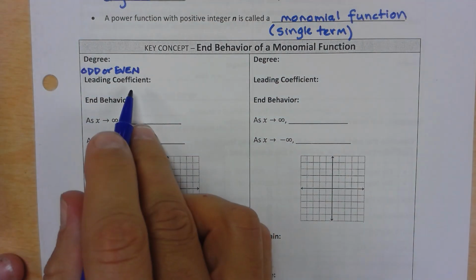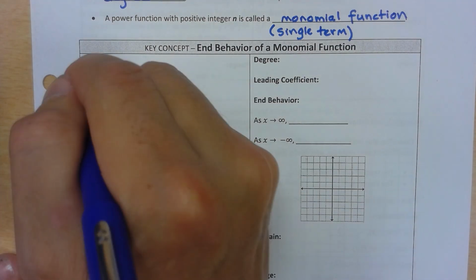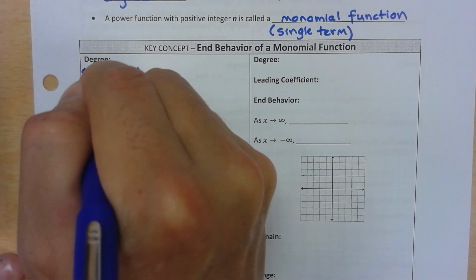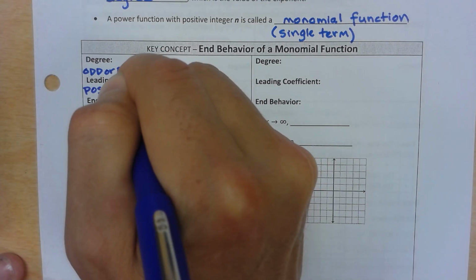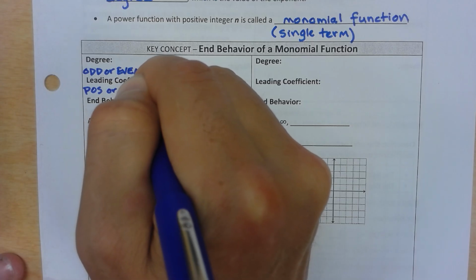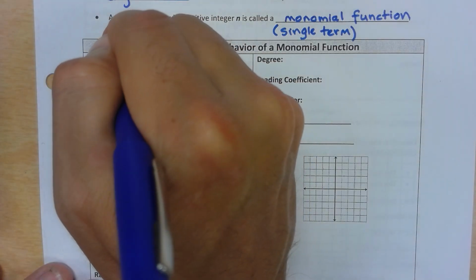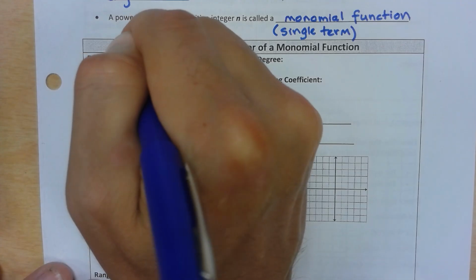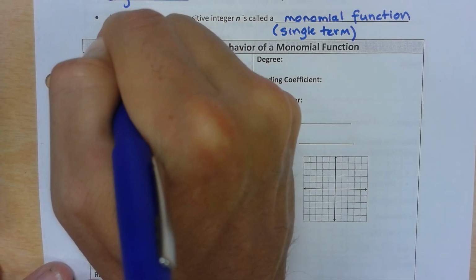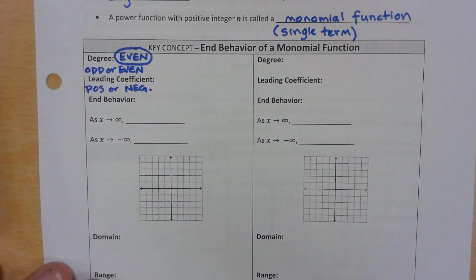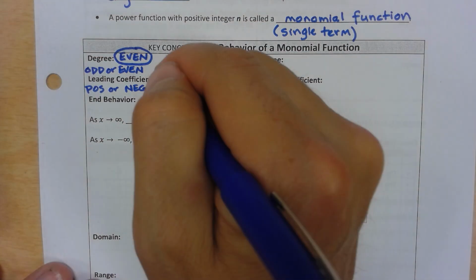And we talk about the leading coefficient, whether that's positive or negative. Okay? So the first one we're going to go over is when the degree is even and the leading coefficient is positive.